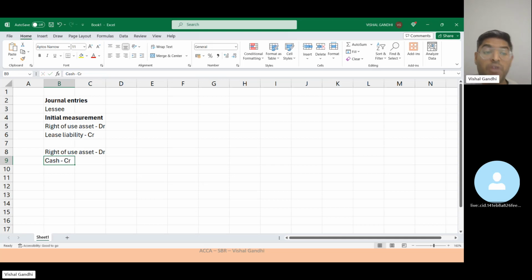We need to include that amount, whatever is paid either for direct cost or as an advance, in the value of the asset. So we need to pass that journal entry as well: right of use asset debit, cash credit. Okay, so this is the initial measurement. Now what happened at the end of the year?